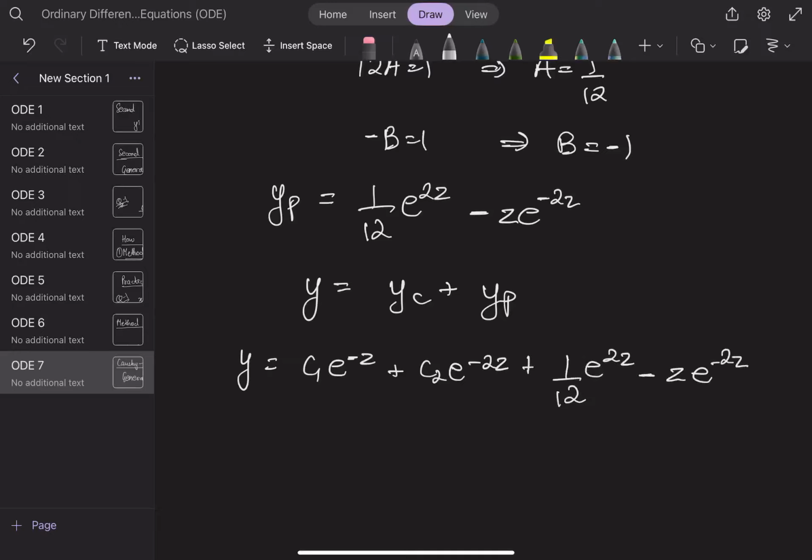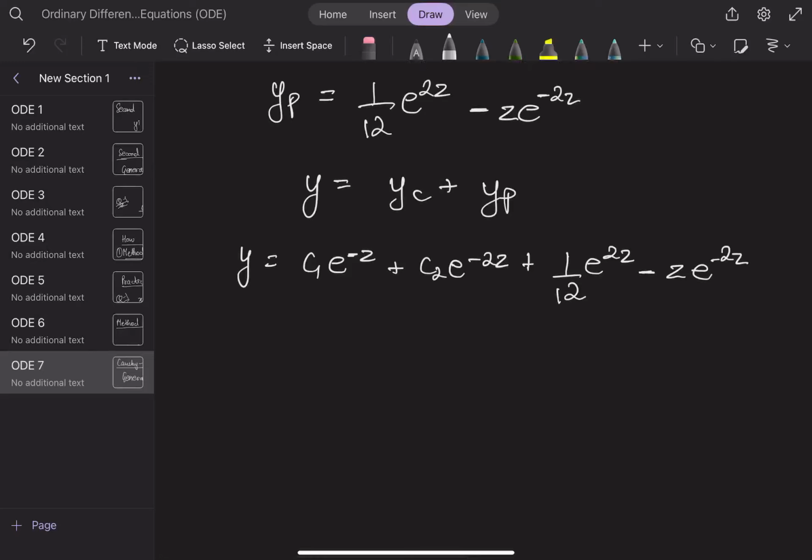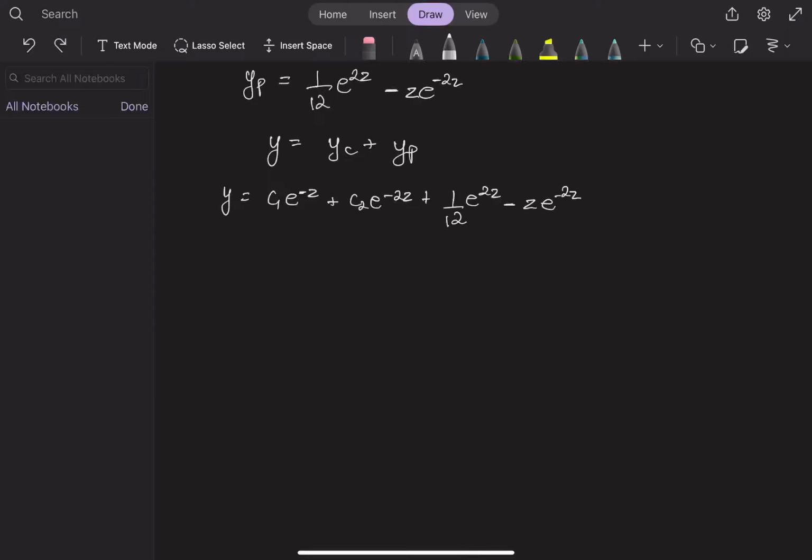Now remember guys, we cannot leave the answer in z, so we have to convert z back to x. So as x was e raised to z and z was ln x, let's make the changes accordingly.